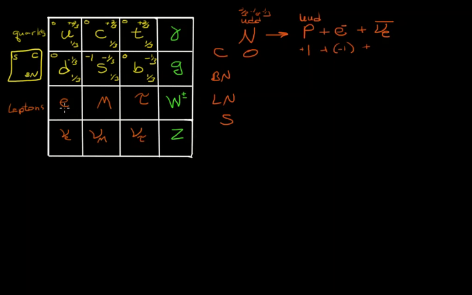The charge here is -1, -1, -1, 0, 0, 0. Would be 0, so it is 0. So those two sides match. That's good. Baryon number is 1/3 plus 1/3 plus 1/3, because all the baryons are 1/3, so this is 1. And this is 1 for the proton. We just did that on the other side.